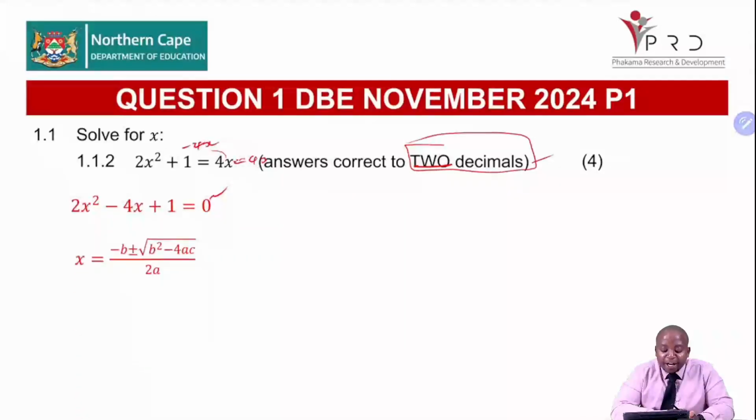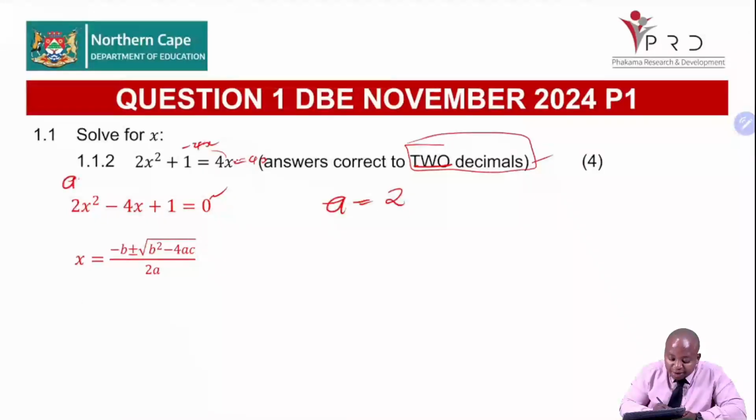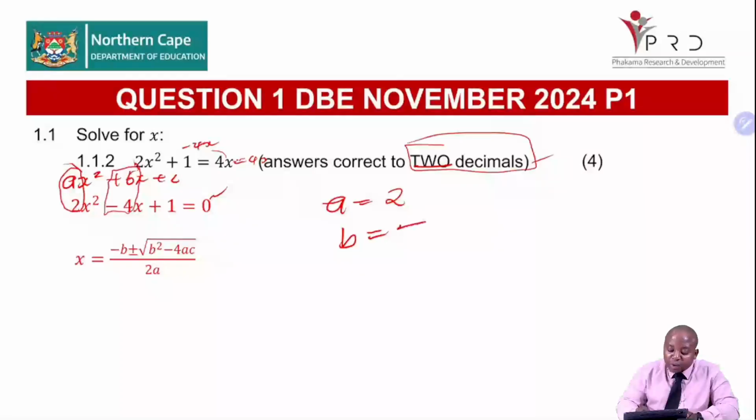We can apply the quadratic formula in this case, but to apply the quadratic formula, we need to know a. My value of a in this case is going to be 2. Remember, this must be given in the standard form ax squared plus bx plus c. So my a is the coefficient of x squared, which is 2. My b is the coefficient of x, which is -4. So b is going to be -4.